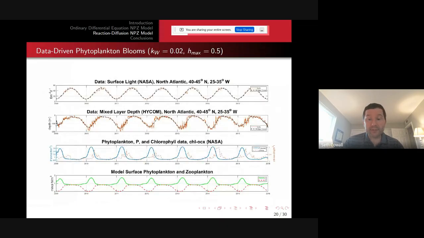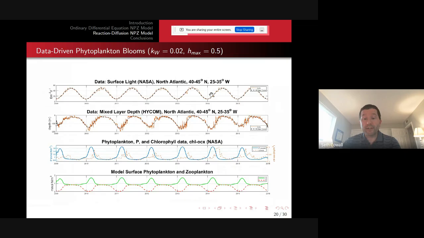Okay, time at long last for some real data. So here is some data that we acquired from satellites. This first one is solar radiation. More specifically, they call it PAR, for photosynthetically active radiation.